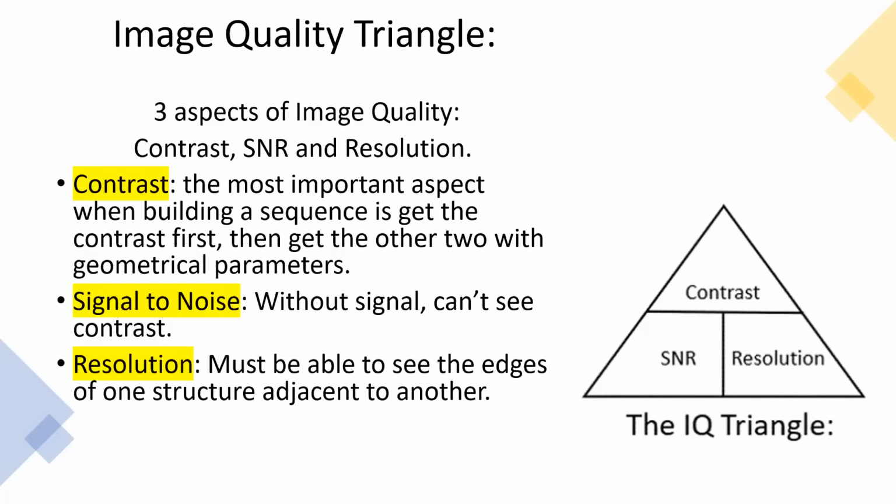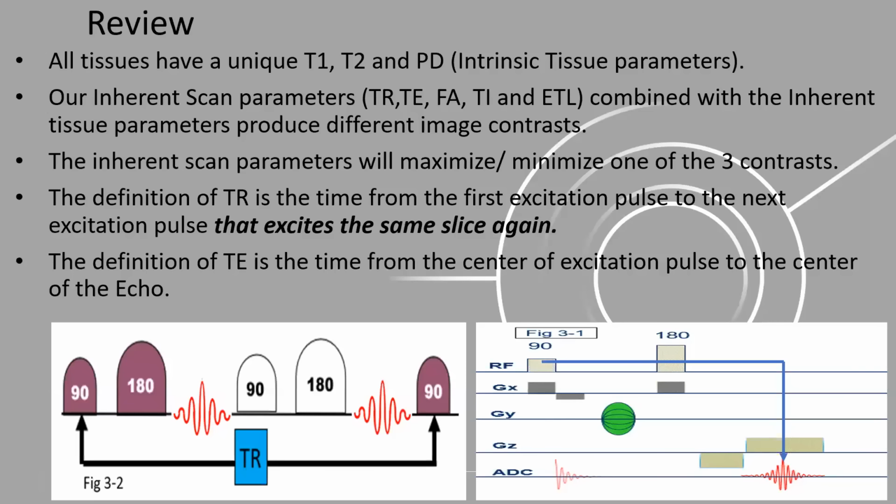You also need signal to noise. If you don't have signal, you can't see your contrast. And then last is resolution. You've got to be able to see the edges of one structure to an adjacent one of another. So you need those three to have a good image quality.